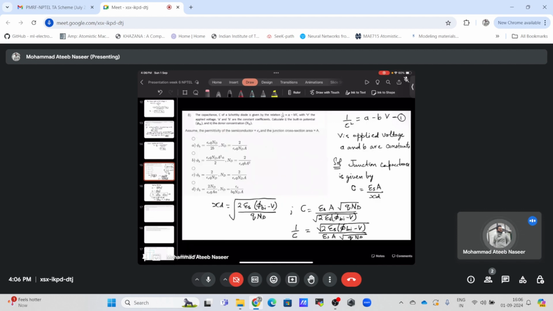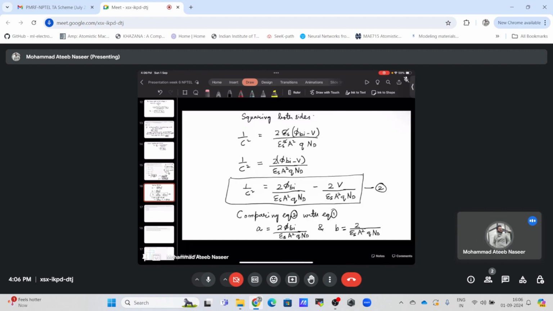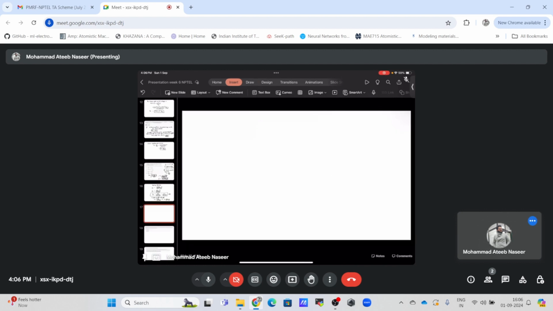So what we were required to find, phi bi and Nd, in terms of the coefficients that were given to us.